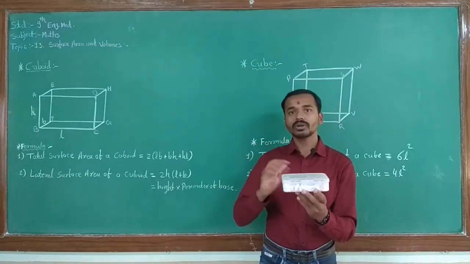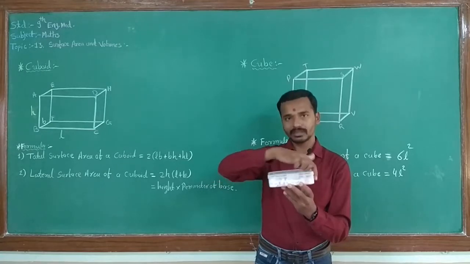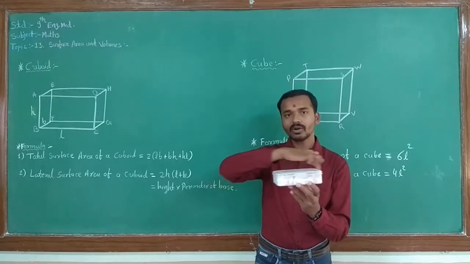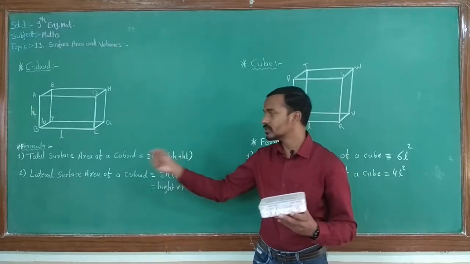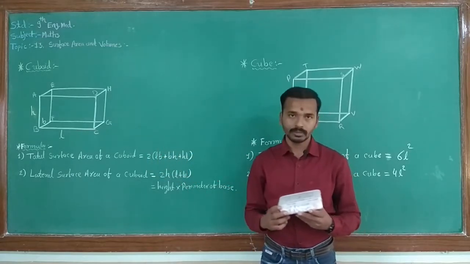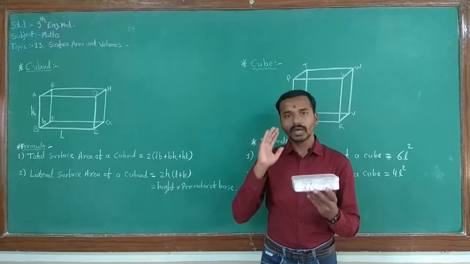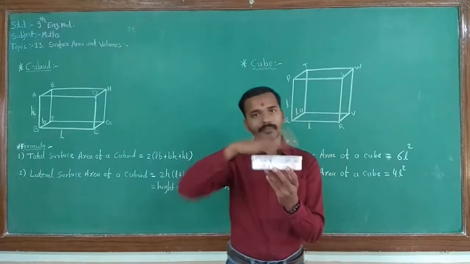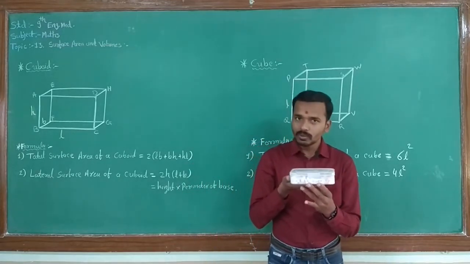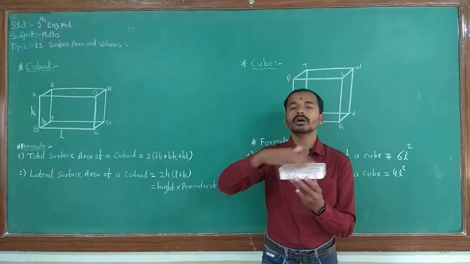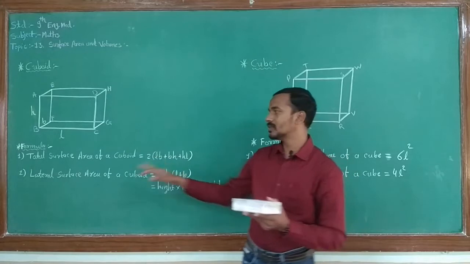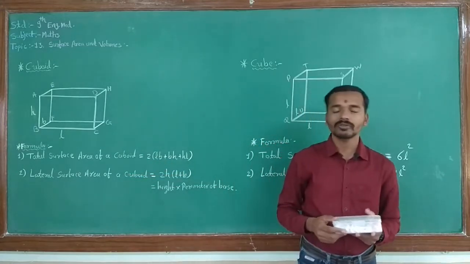The surface area of these 4 sides will be considered as the lateral surface area of a cuboid. In simple terms, if you exclude the top side and the bottom side of a cuboid, then the total surface area of the remaining four sides is the lateral surface area of a cuboid.